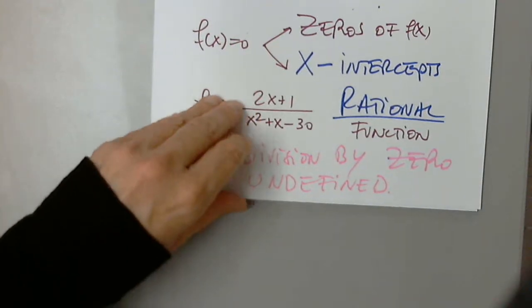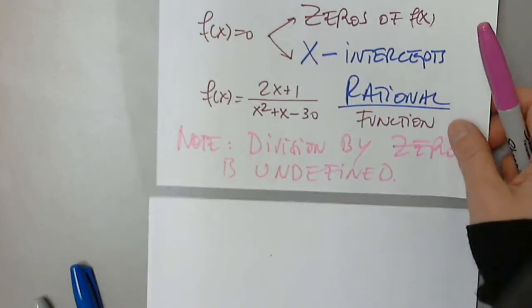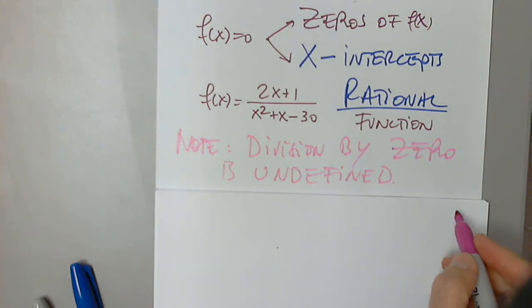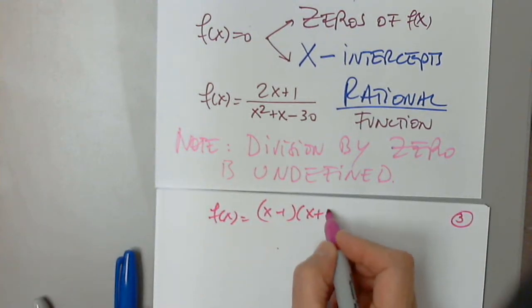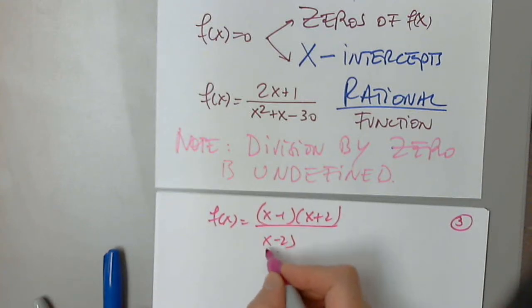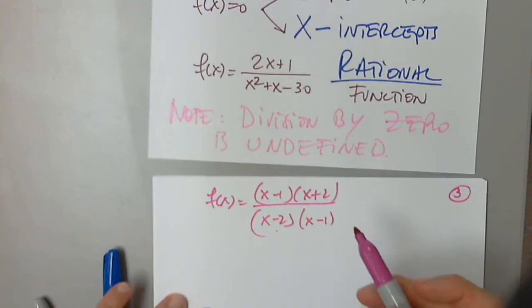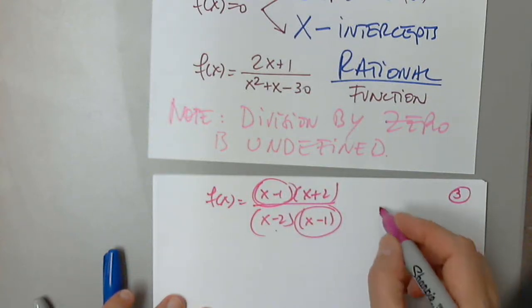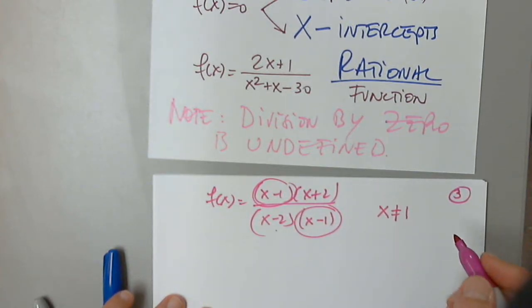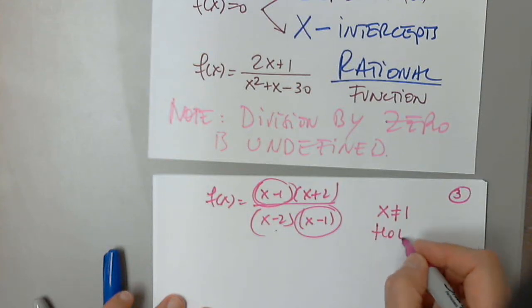Now, because I want to address what your colleague said for one second. If we have a function like (x minus 1)(x plus 2) over (x minus 2)(x minus 1), if the factor exists at top and bottom, still the function is undefined at 1, and it would have a hole.